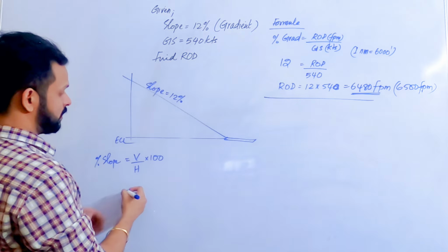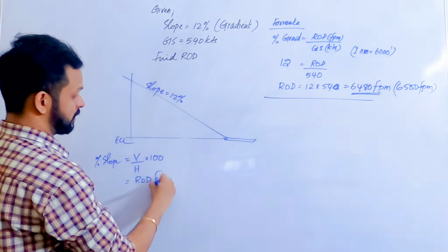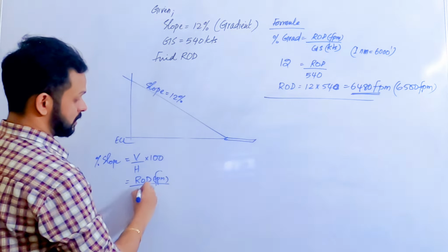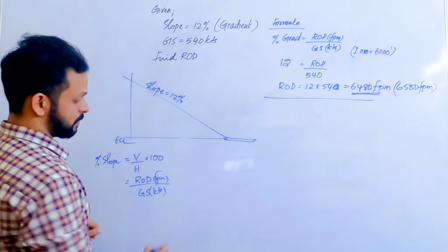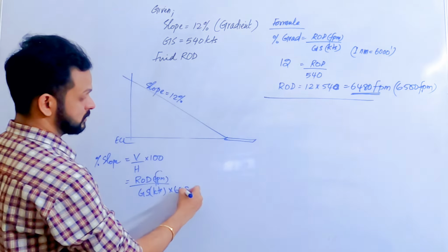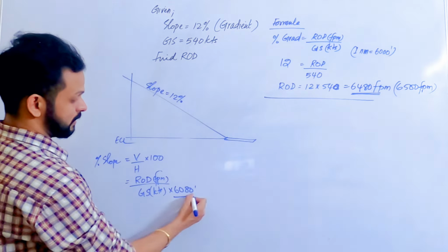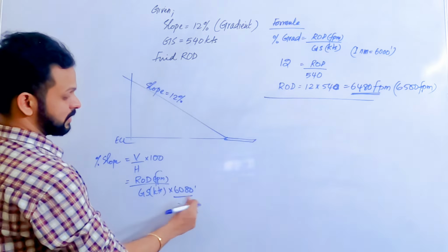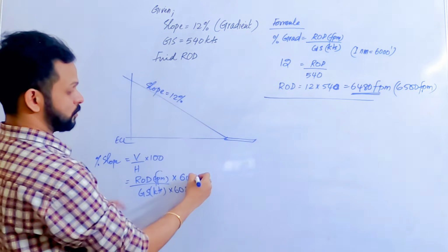We have the ground speed here, and we have derived the equation where the percentage slope is equal to rate of descent in feet per minute divided by ground speed in knots. To convert knots to feet per minute, we multiply by 6080 feet to convert the nautical mile to feet, divided by 60 minutes, and then into 100.